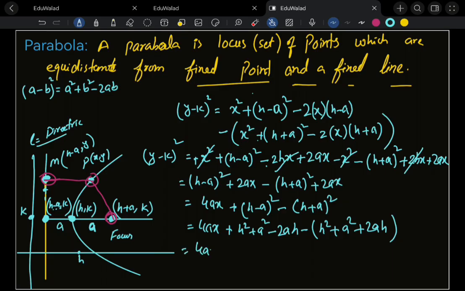When this minus sign multiplies, we get minus h square, minus a square, minus 2ah.